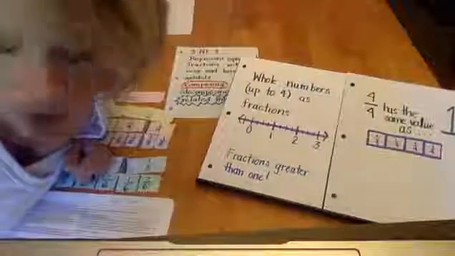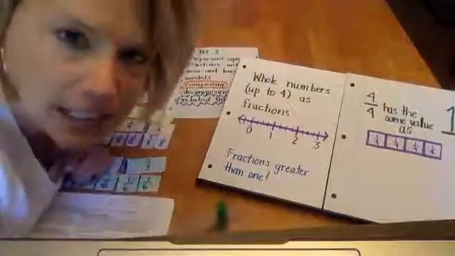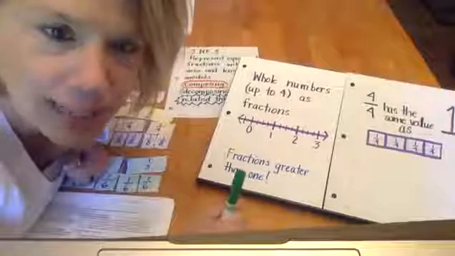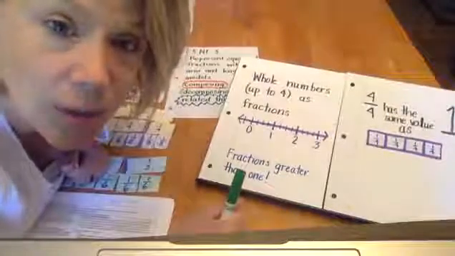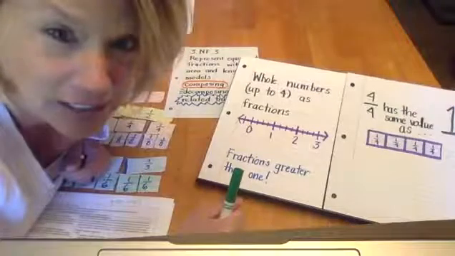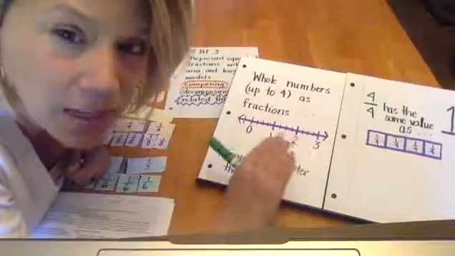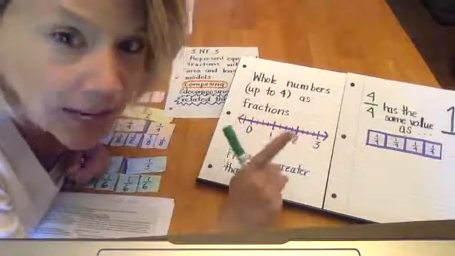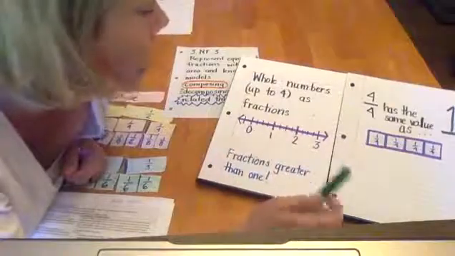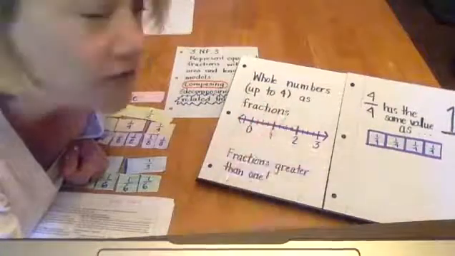Teachers, when you're teaching fractions, lay this foundation so firmly, because this is what helps students with division and also in 5th grade math with division of fractions. It's big. So I don't think we talk enough about this one. So Miss Street may spend a few days on this guy right here, okay? So fractions, whole numbers up to 4 as fractions.